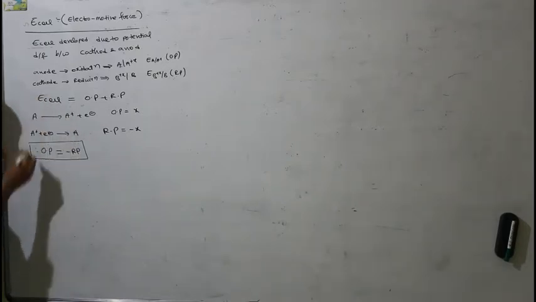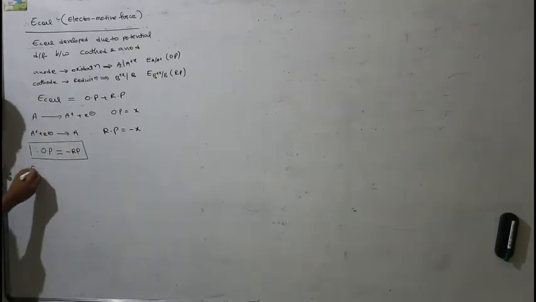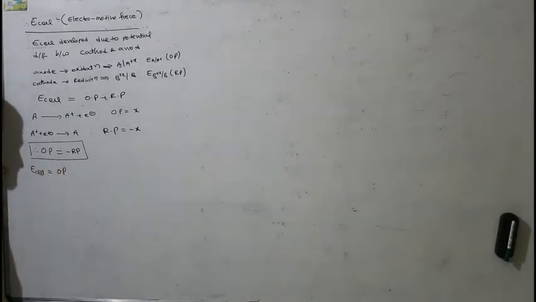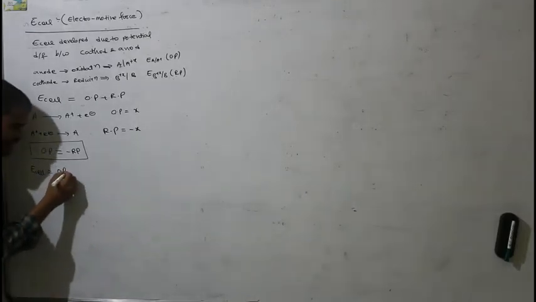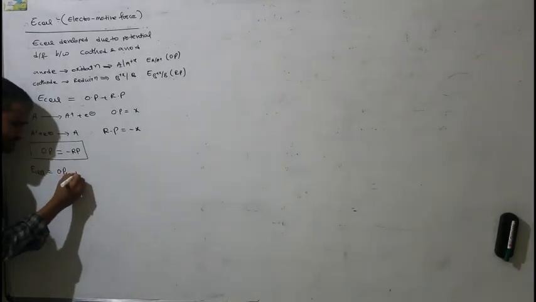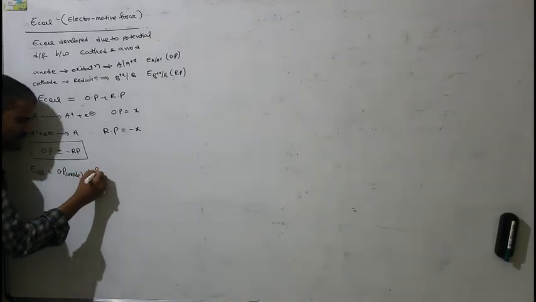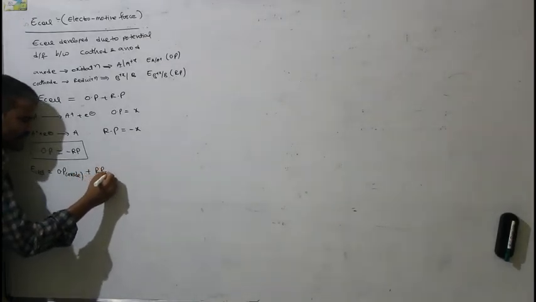Now you remember this, here again we will come back. E cell is equal to oxidation potential, where will the oxidation actually happen? At the anode. Oxidation potential of anode plus reduction potential of cathode.